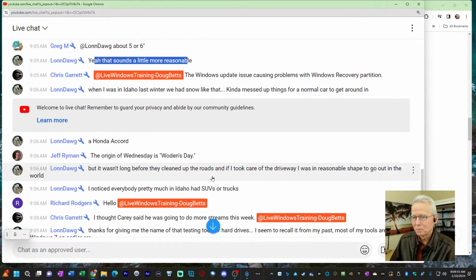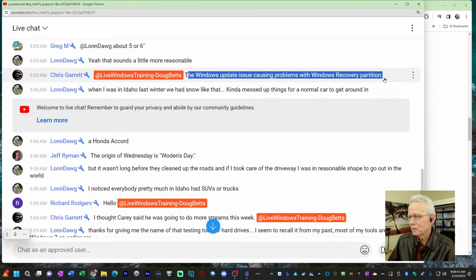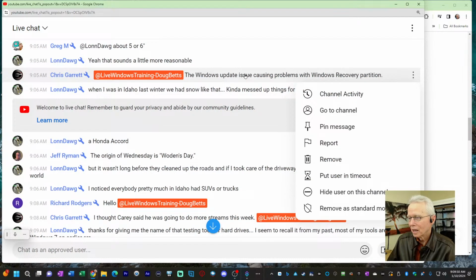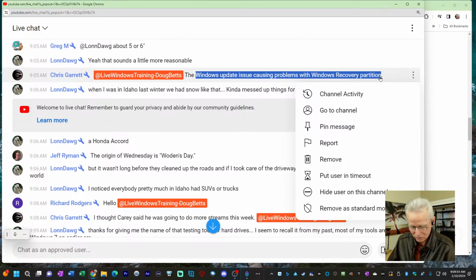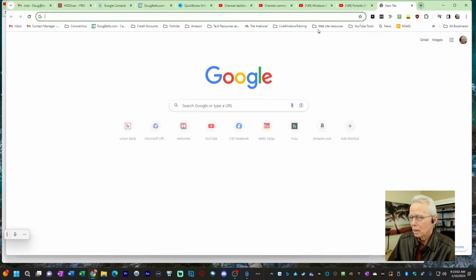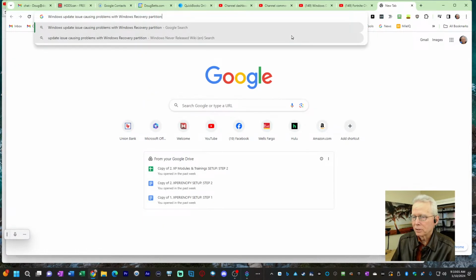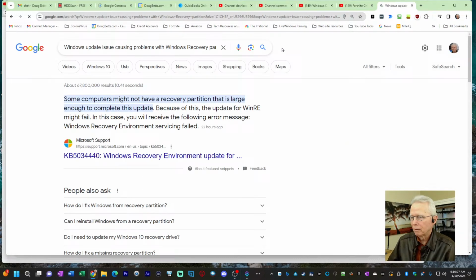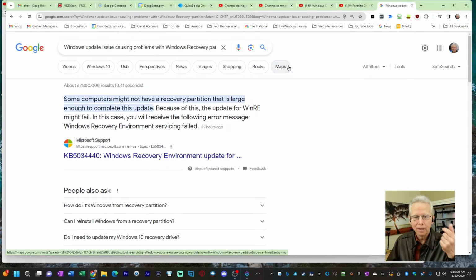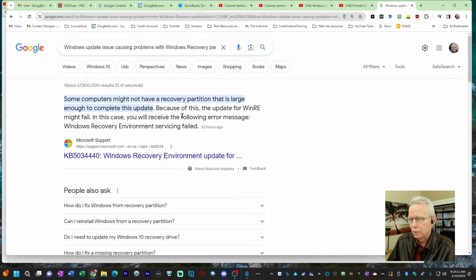5 or 6 inches. That sounds more reasonable. Chris Garrett says, the Windows Update issue is causing problems with the Windows recovery partition. Yeah, Windows Update. Yesterday was the second Tuesday of the month. I forgot to mention that. We had somebody yesterday reporting they had a red indicator on their recovery partition.